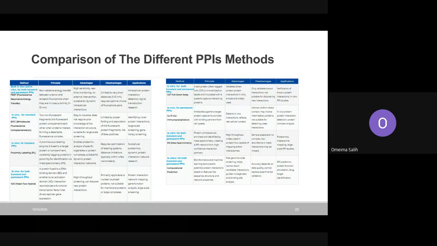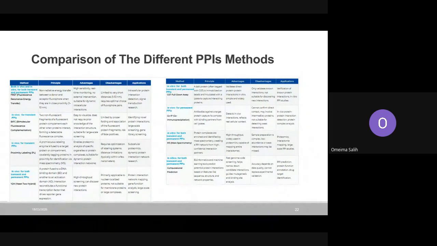So these tables, I know it's small in size. I couldn't make it bigger, but once you print it, you will be able to study it. These two tables compare the different protein interaction methods, and the blue writing I added to give more insight about these tables and the methods, because some are in vitro and some are in vivo and others are in silico.